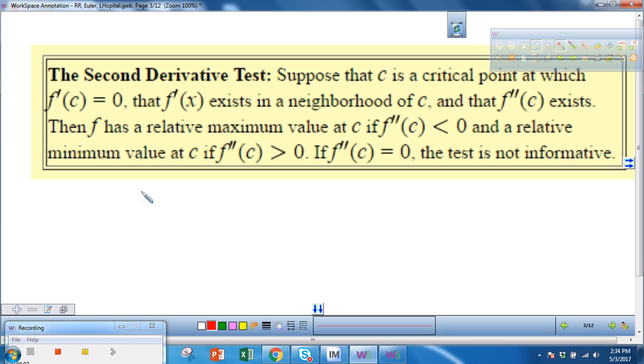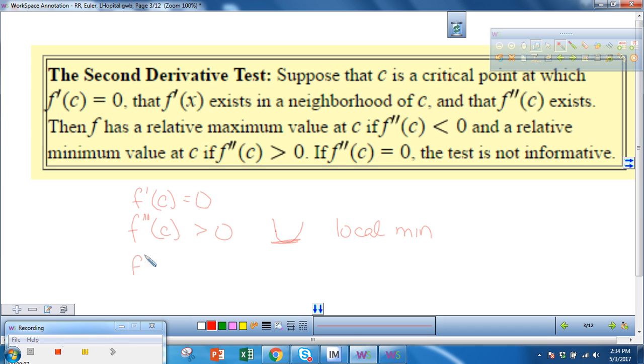The second derivative test says this: if the first derivative at c is 0, and the second derivative at c is greater than 0, indicating the function is concave up, then looking at that, I can see I'm going to have a local minimum.